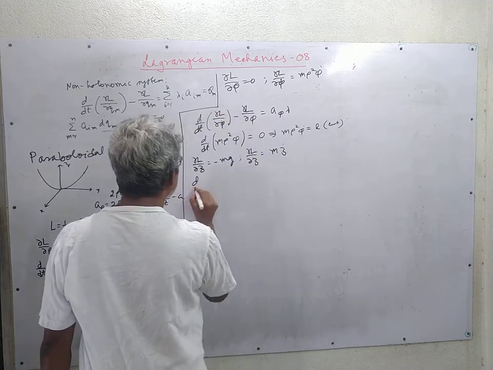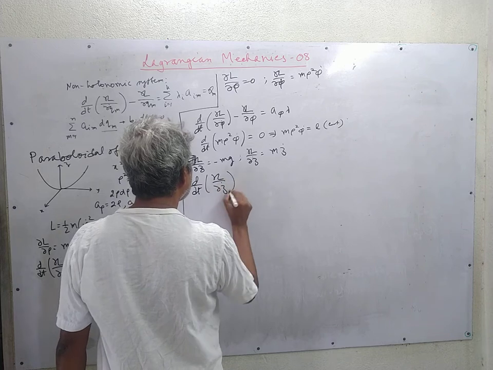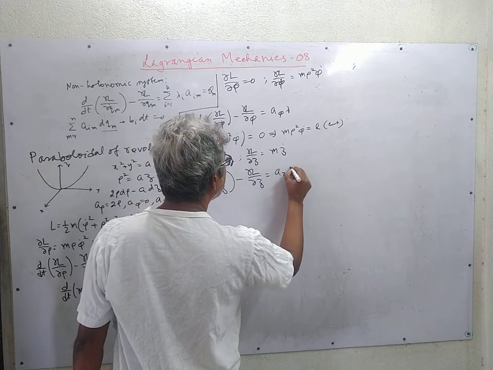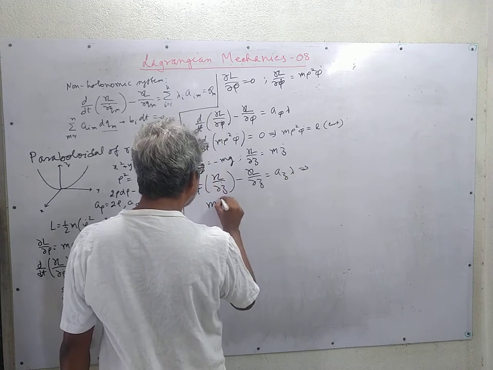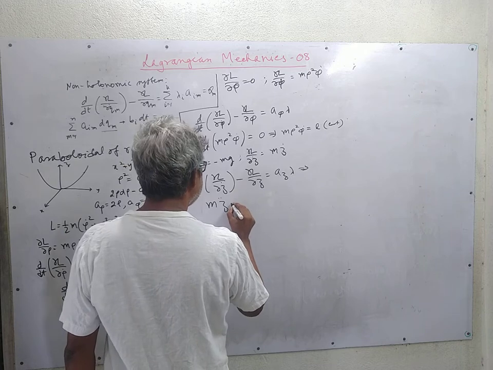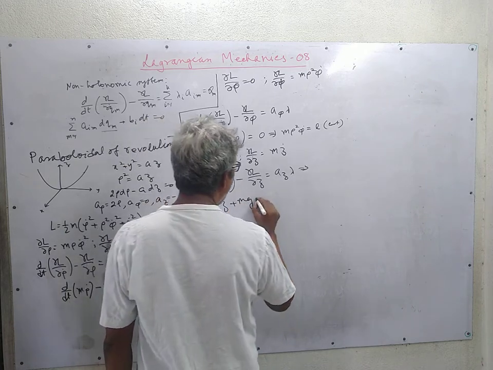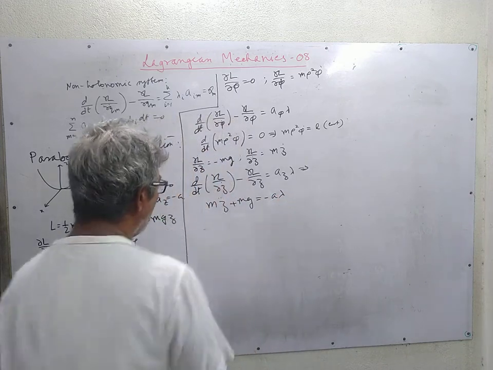So the equation d/dt of del L by del z dot minus del L by del z is equal to A_z lambda gives us m z double dot plus mg is equal to minus A lambda. These are the three equations.